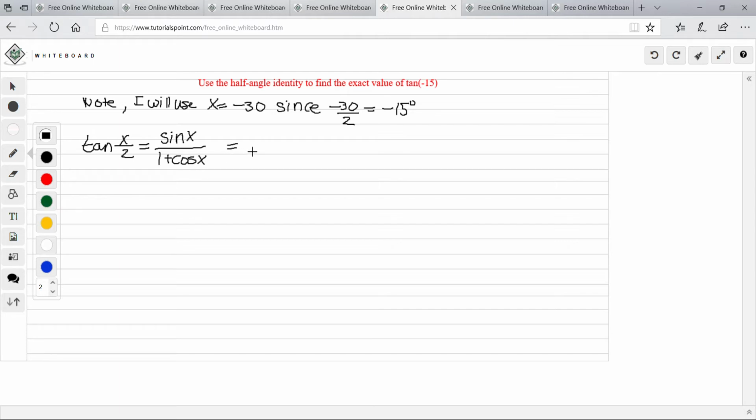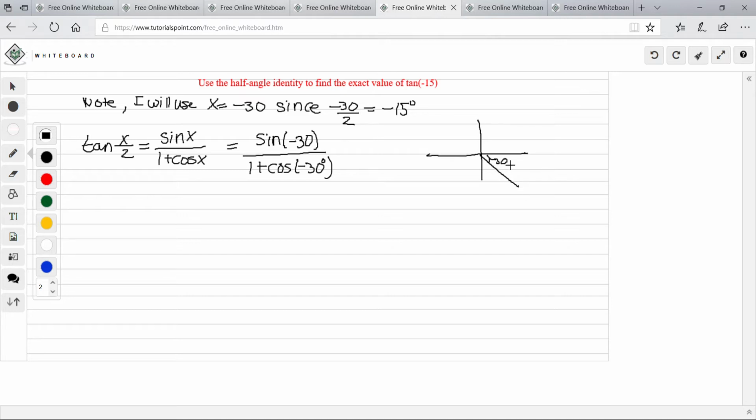So that equals sine of negative 30 divided by 1 plus cosine of negative 30. Yeah, because our x is negative 30. Let me draw the triangle if you don't know. Negative 30 is right here.